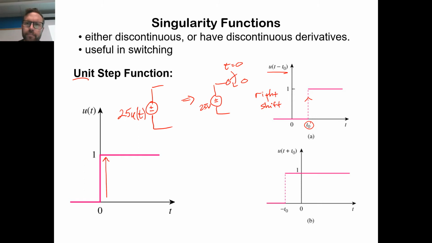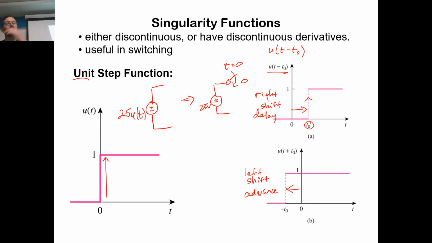A right shift, or a delay, to turn it on later, is u of t minus t naught, and there's that delay coming in later in time. Or if you want to shift leftward, or advance this in time, it's u of t plus t naught.